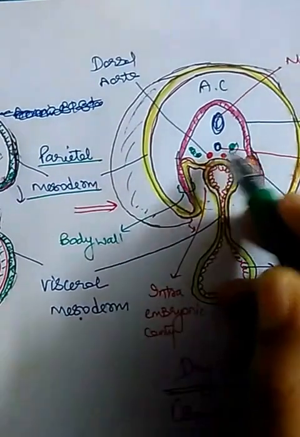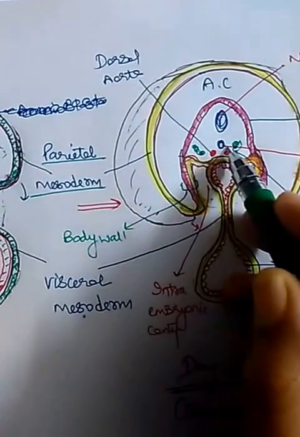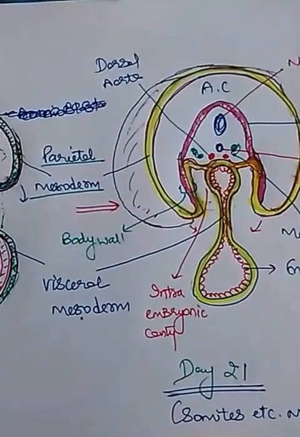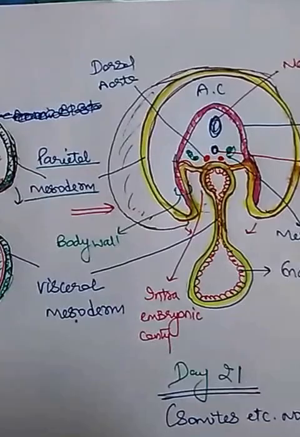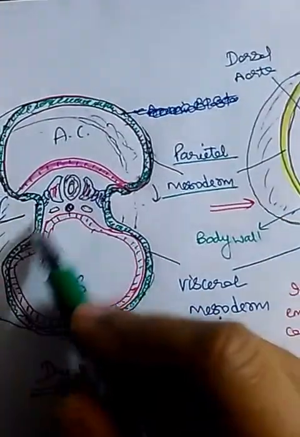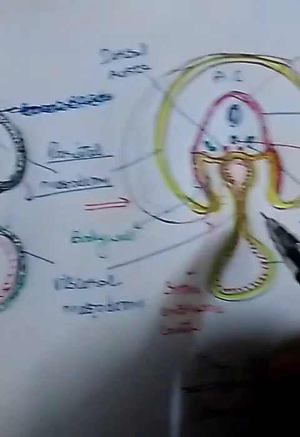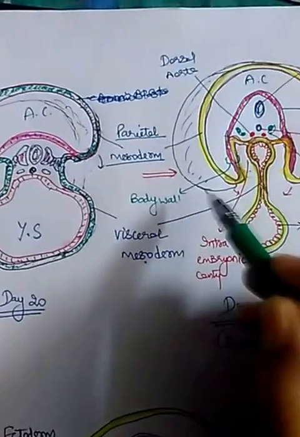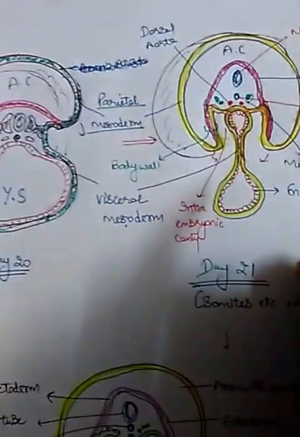This is intermediate mesoderm, which has started forming the urogenital system through the mesonephros. At this step I have folded it like this. So what will happen? The center part will constrict here, and this part will become like this. You can understand this yourself.